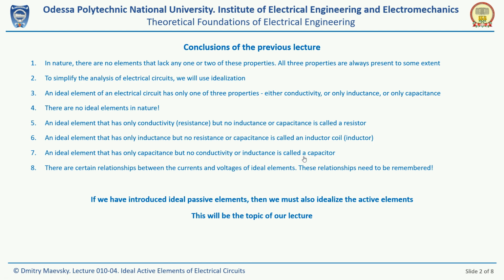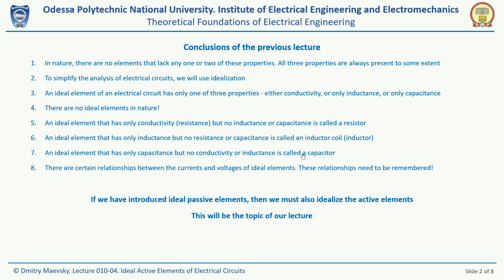Such elements do not exist in nature, which is why they are called ideal. Nevertheless, as we will see later, any real element of an electrical circuit can be replaced by an equivalent circuit consisting only of ideal elements.